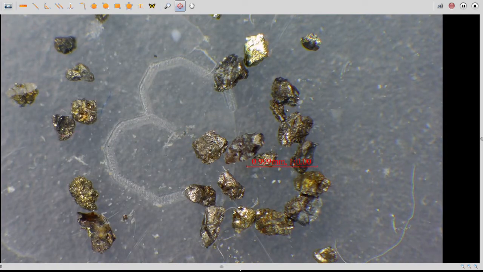And let's check the tiny fraction. Another one. This is a fraction of 250 microns to 125 microns.